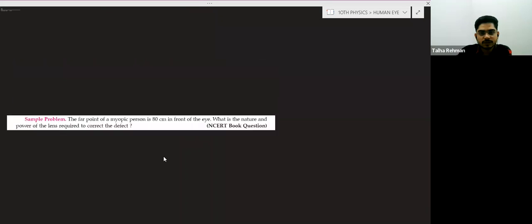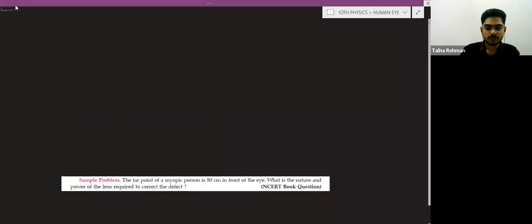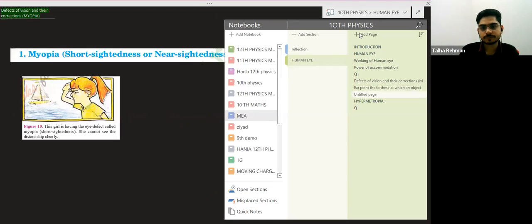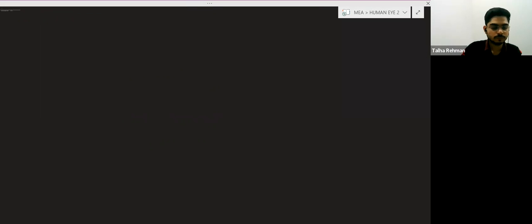Okay, so there is one more point that I want to write: calculation of power. And I have told you that we use a concave lens to correct myopia.